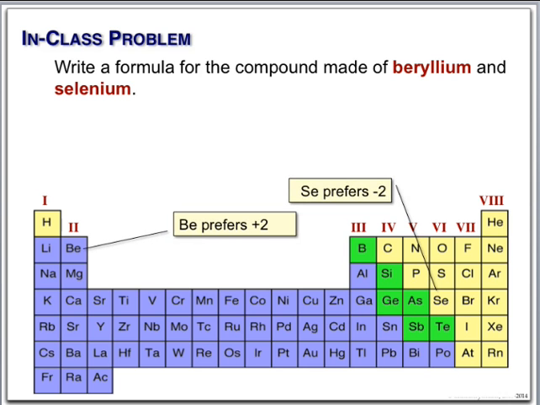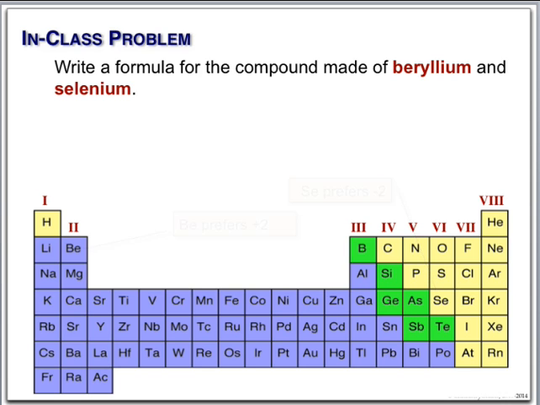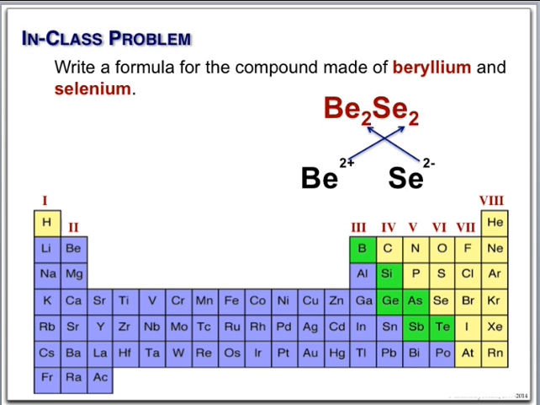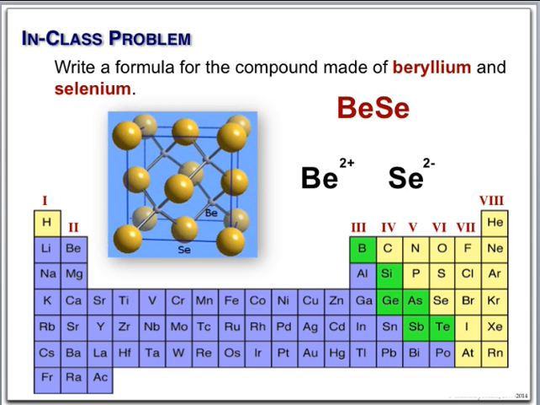Now, we could do the same little symmetry crossover here, like this, but that would be wrong, wouldn't it? Because we always want the lowest whole number ratio, so the 2's don't work. We just write BeSe.